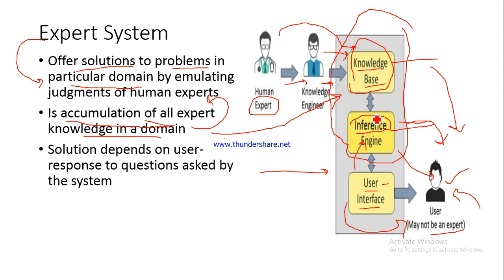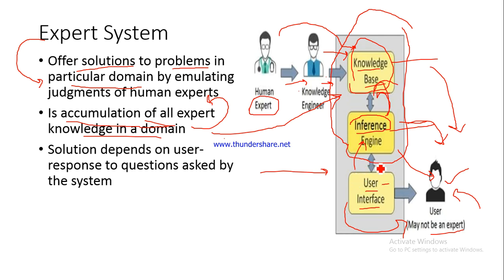The knowledge base provides some knowledge to the inference engine, and the inference engine also is making further changes to the knowledge base. So this is a system which keeps on improving itself. How? The knowledge base provides knowledge so that the inference engine can make inferences, can do the analysis, and then whatever the results of the analysis, they are also fed back into the knowledge base for future use. So it's a self-learning kind of system, right?